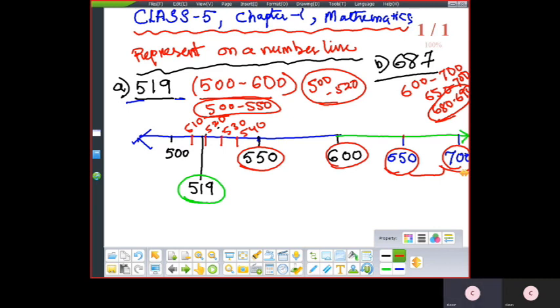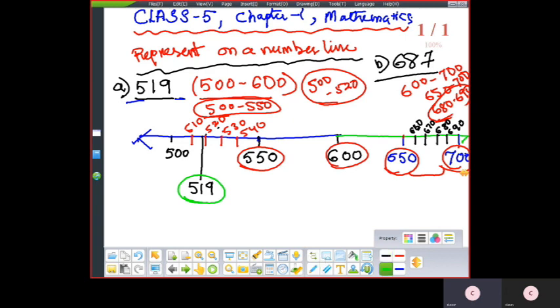So now, from 650 to 700, I have to mark how many? So 50, 60, 70, 80, 90, 700. So 650, 660, 670, 680, 690, and then 700.